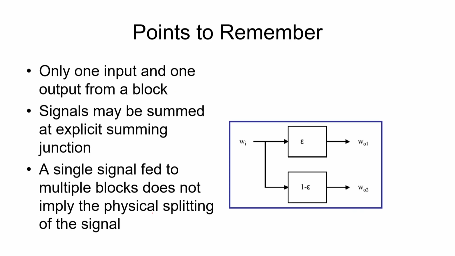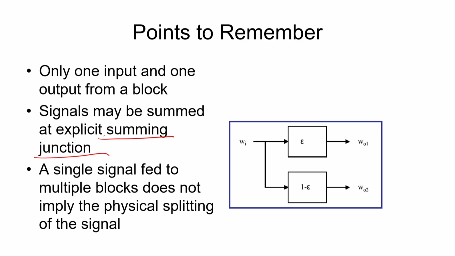Now, some important points to remember for a block diagram are that only one input and one output will be coming from a block. Signals may only be summed at an explicit summing junction, not anywhere you try to reduce or increase the signal. And a single signal fed to multiple blocks does not imply that we are splitting the signal.